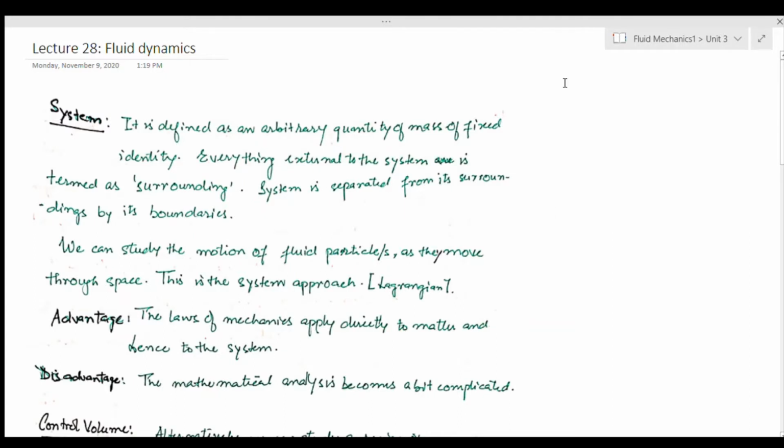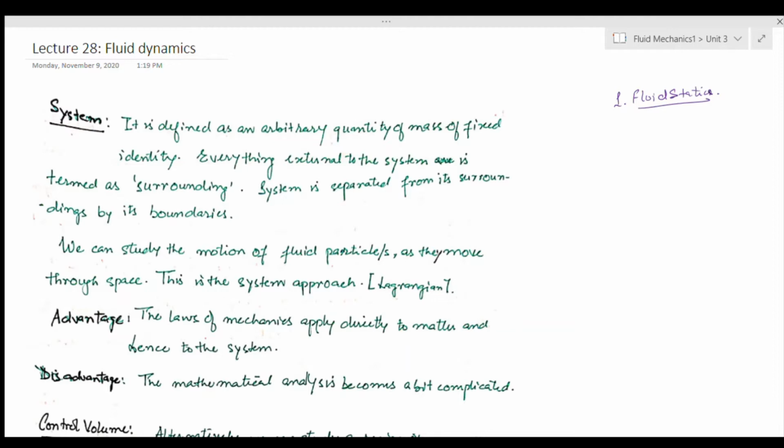So like I was saying, we started with fluid statics. The first unit we covered was that of fluid statics. That was our first unit. And the whole idea was what kind of forces, pressure and forces, would be acting on the surfaces which are carrying that fluid within it.